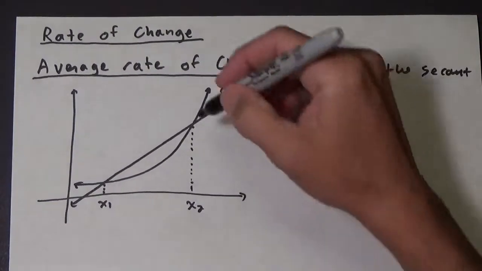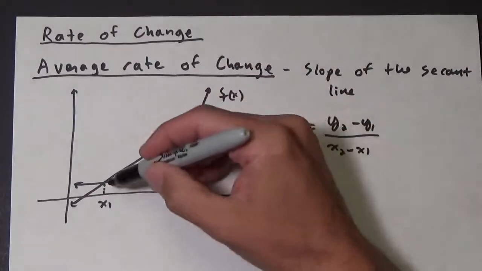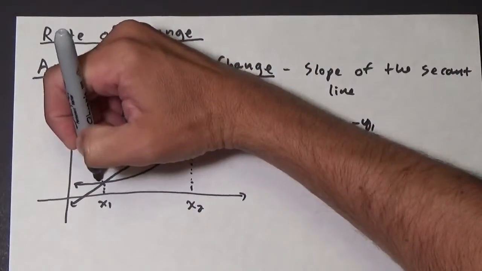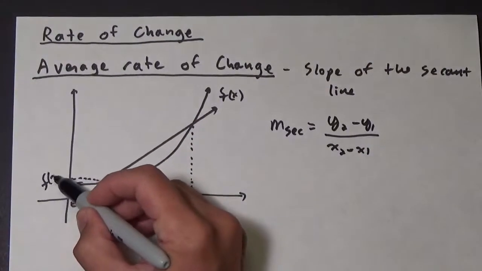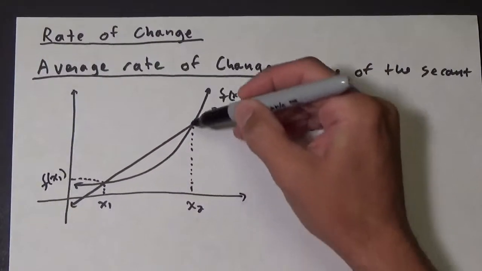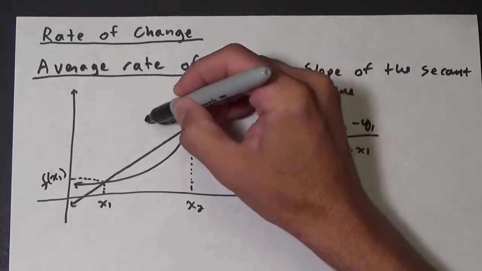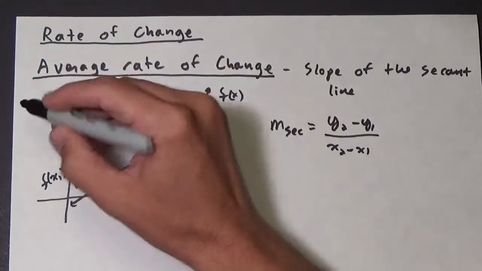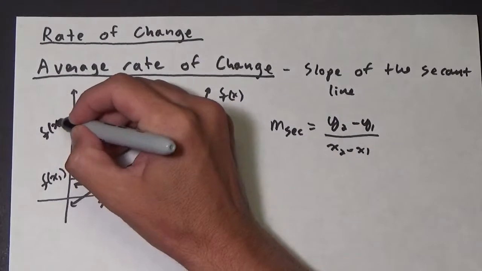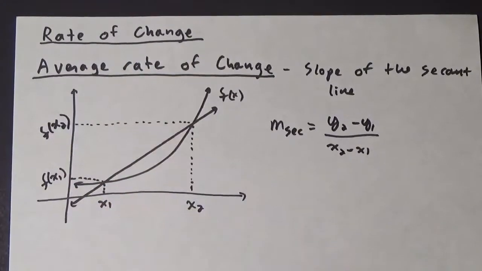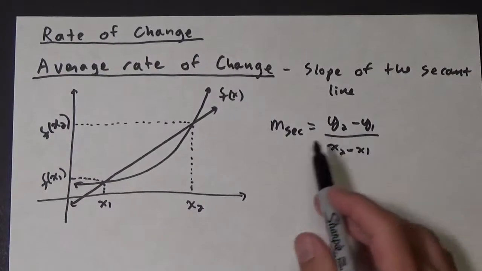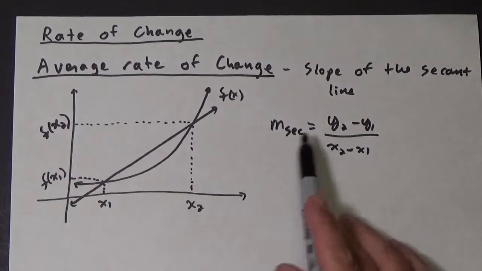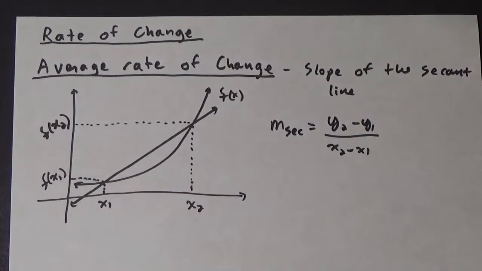Okay, so to get that, if this is x of 1, to get our y-coordinate, that would be f of x of 1. And if this is x of 2, to get our y-coordinate, we would have f of x of 2. So I'm going to say that this is y2 and this is y1.